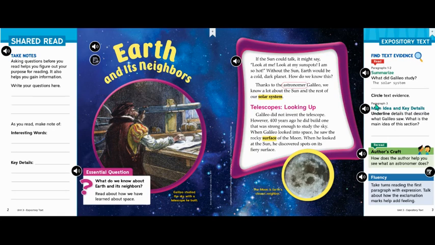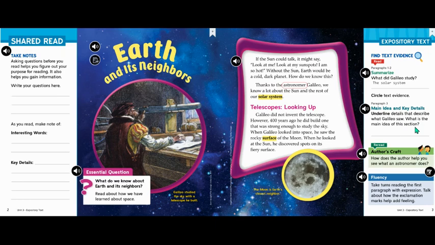Our next question is focused on paragraph 3. This one is on main idea and key details. It says, underline details that describe what Galileo saw. What is the main idea of this section?